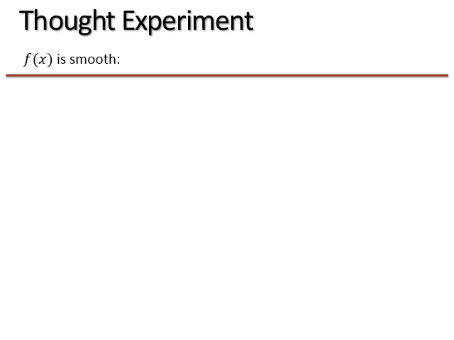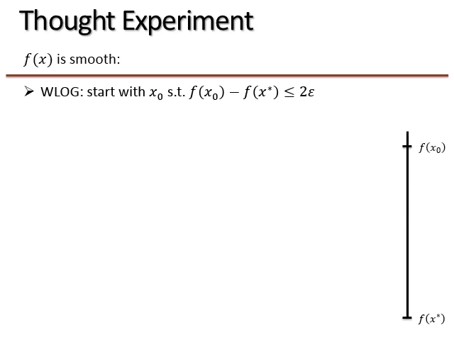Let me first illustrate this by the following thought experiment. Remember that our objective is smooth in today's talk, and without loss of generality, let me assume in addition that we start from a point x0 whose distance to optimal is at most 2 epsilon, and I only want to be epsilon away from optimal.